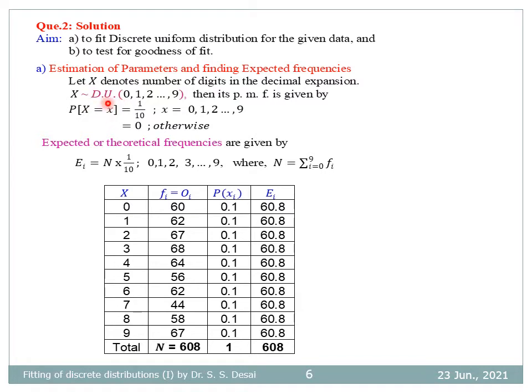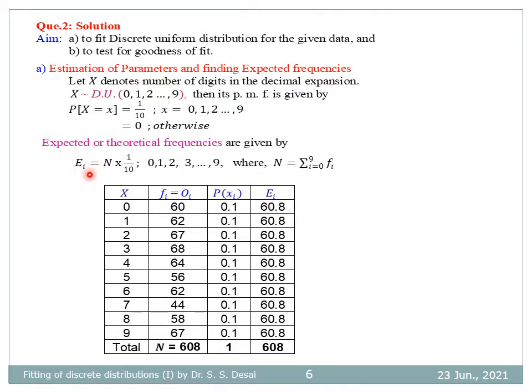Let X denote the number of digits in the decimal expansion. Here X follows discrete uniform over 10 digits 0 to 9, and therefore its probability is P(x) = 1/10 for x = 0, 1, up to 9. These are the 10 values of digits 0 to 9, and these are the observed frequencies, and these are the uniform probabilities 1/10.